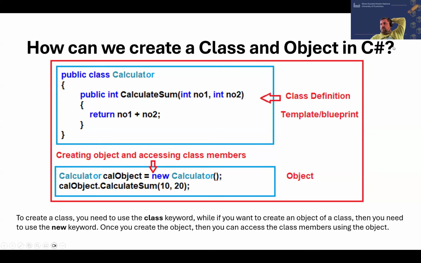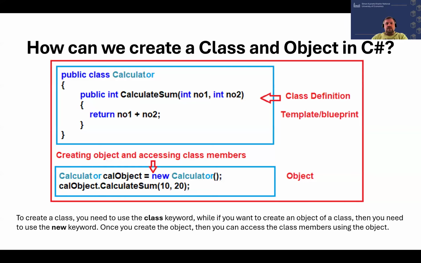How can we create a class and an object? So let's understand how to create a class and an object from this class in C#. In order to understand this, please have a look at the slide on the screen. As you can see in this image, the class definition starts with the keyword class, this one.